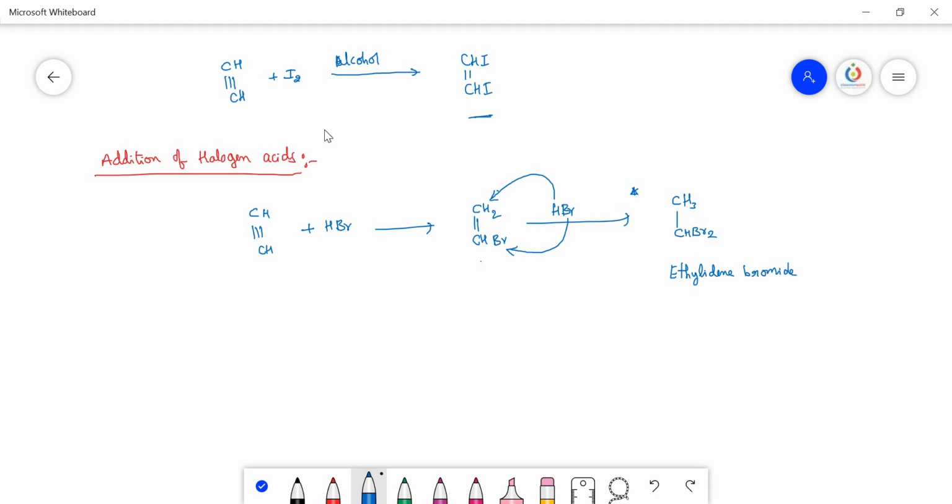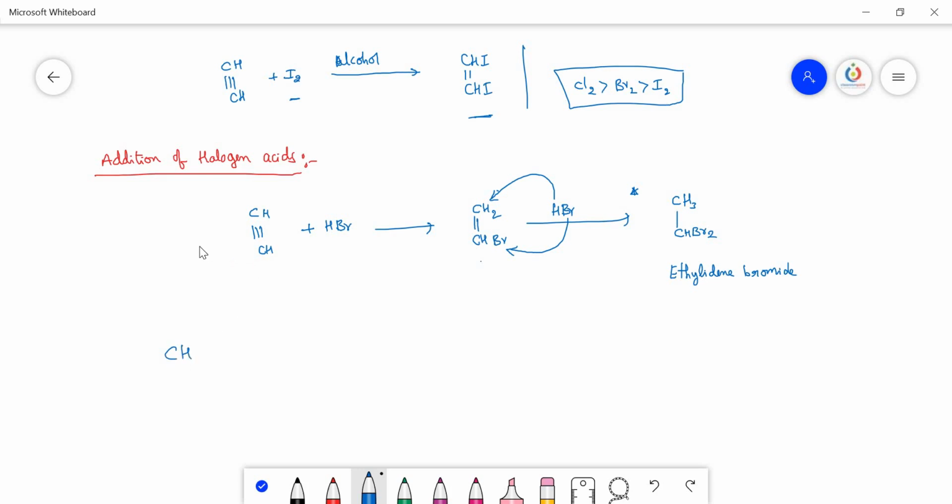Ethylidene bromide. And here I forgot to say one thing, that the reactivity of halogens towards alkynes is: chlorine is more reactive than bromine, which is more reactive than iodine. Just remember this particular reaction. Okay. And let us take one more molecule, propyne.